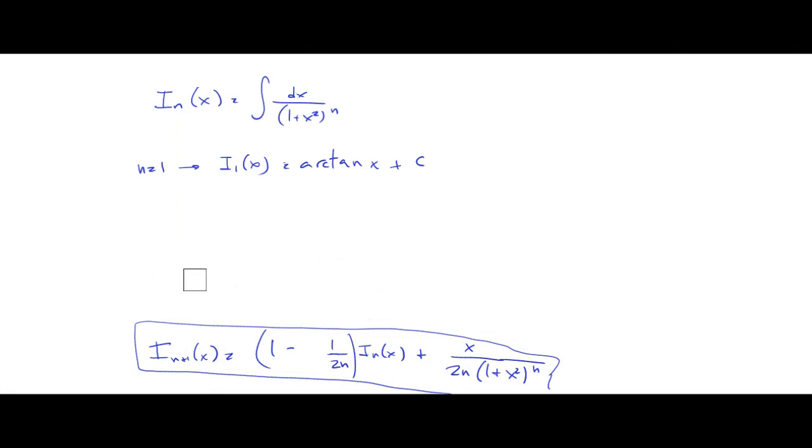Now having that, we can find all the values that we want of this integral by just substituting here. So if n equals 2, then I2 is just 1 minus 1 over 2, so 1/2 of this, which is the arctangent, plus x divided by 2 times (1 plus x squared), and then plus c, right?